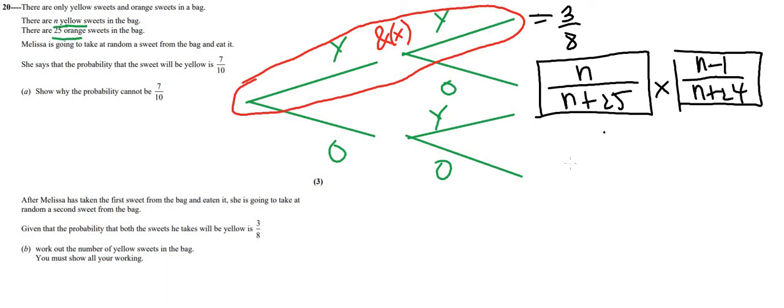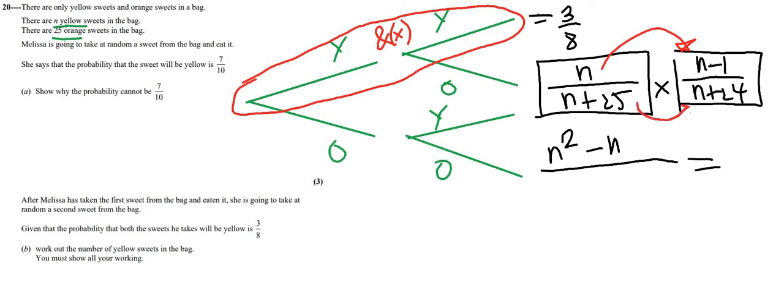So we've got n times n minus 1, which is n squared minus n, over n plus 25 times n plus 24, and all of that is equal to 3/8.